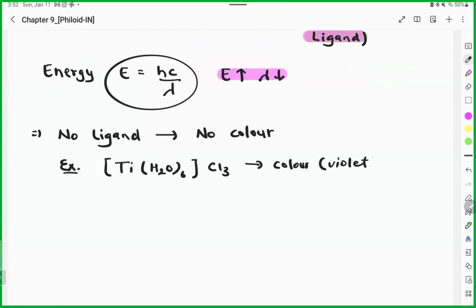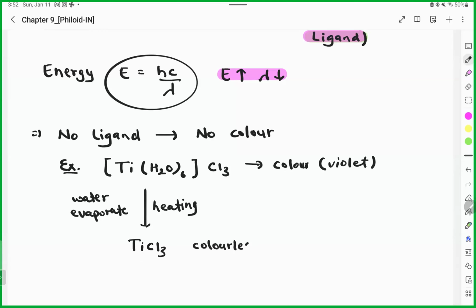If you heat this, strong heating, what will happen? Water will evaporate. If you remove all the H2O, this titanium chloride will be colorless because you don't have any ligand. So removal of ligand, that is H2O, is responsible for the colorless nature.